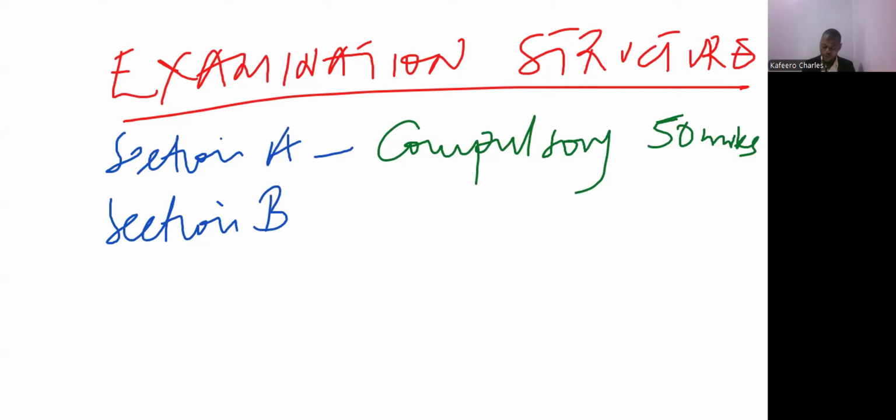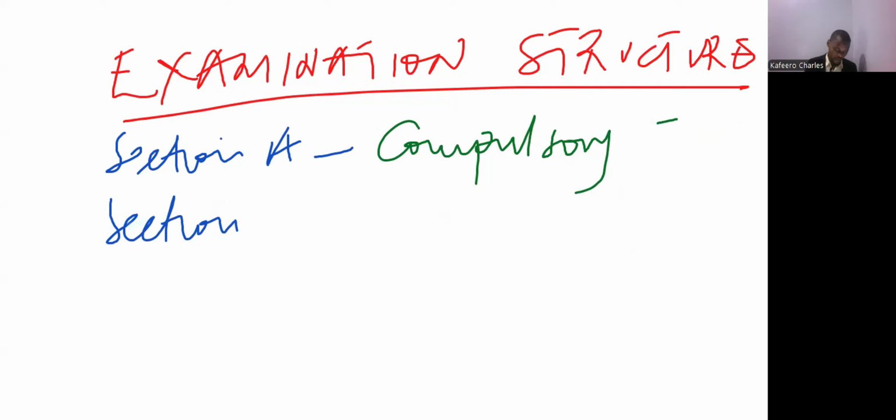Now, we want to analyze the 50 marks that we have in section A. You'll find that 60% or 70% of it is computational.